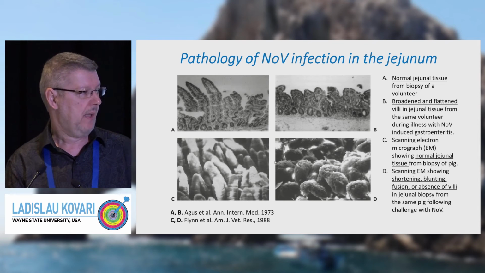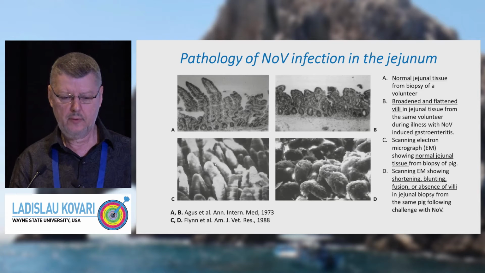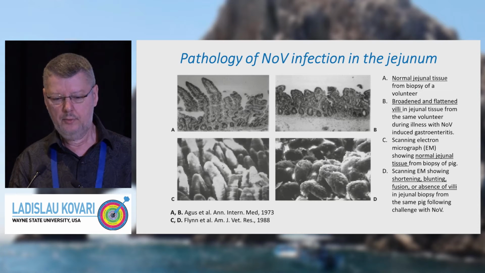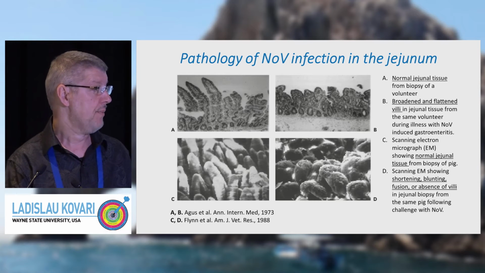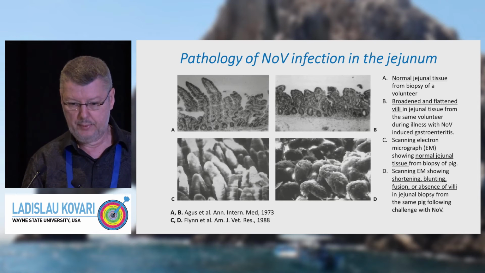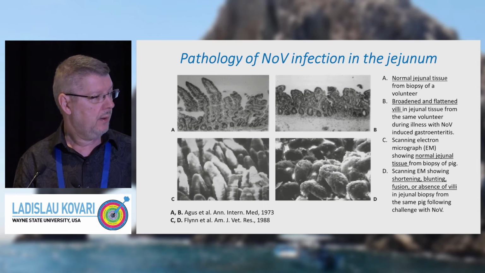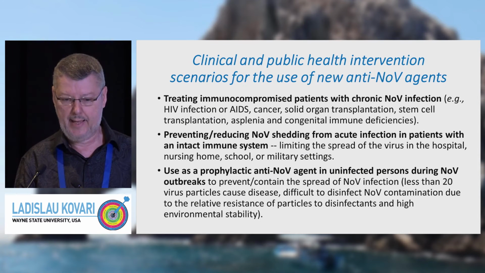This is the same experiment in a pig, scanning electron micrograph of the villi prior to norovirus infection and after norovirus infection. So there's this shortening, blunting, fusion, or even absence of villi. So there is a very clear pathology here, and how the virus damages the intestinal tract.